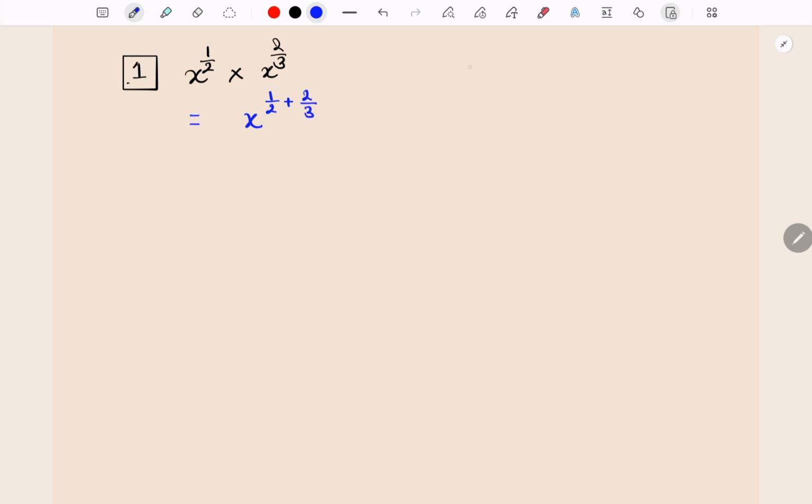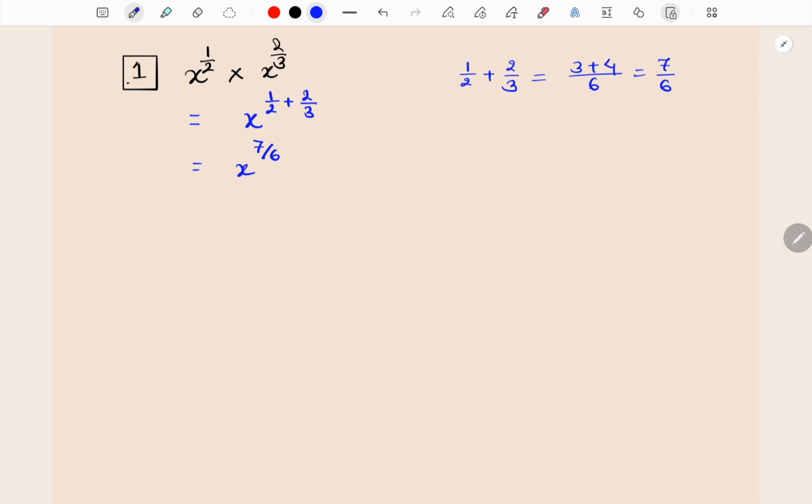So we know that 1 over 2 plus 2 over 3 gives 6, and this would be 3 plus 4, that would be 7 over 6.